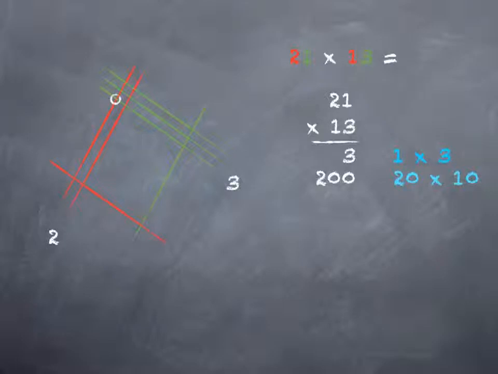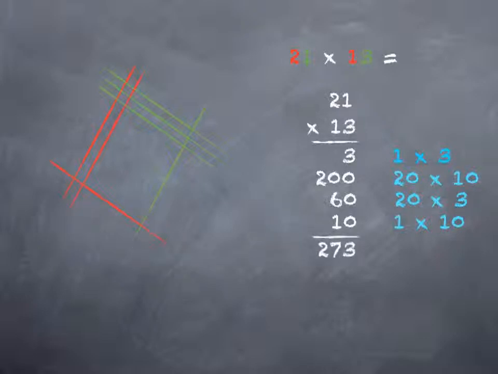And then in the middle, I have red intersecting green. So up here, that's 2 tens times 3 ones, which gives me 60. And then down here I have 1 ten and 1 one, which gives me just, well, 10. So that's a total of 7 tens. And you can see that that matches up with our multiplication on the right. Some of you may recognize that as the partial products algorithm you probably learned in school at some point.